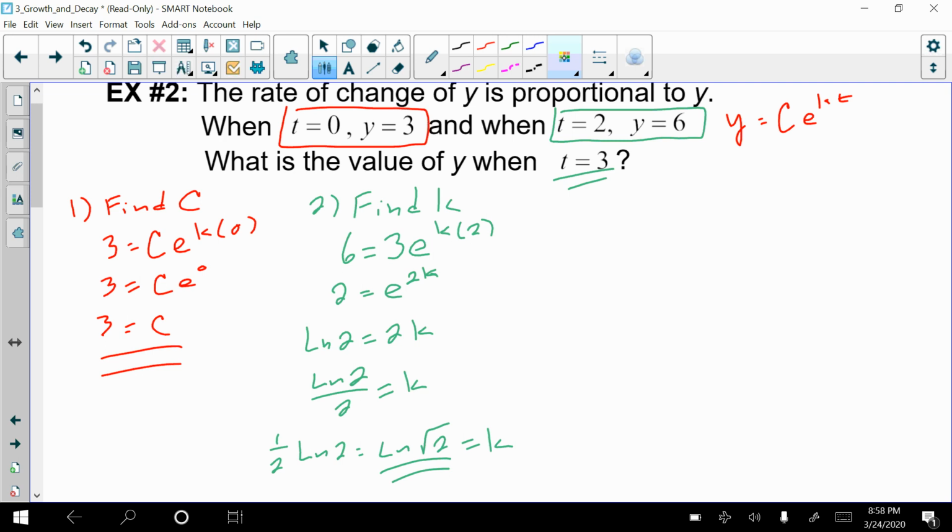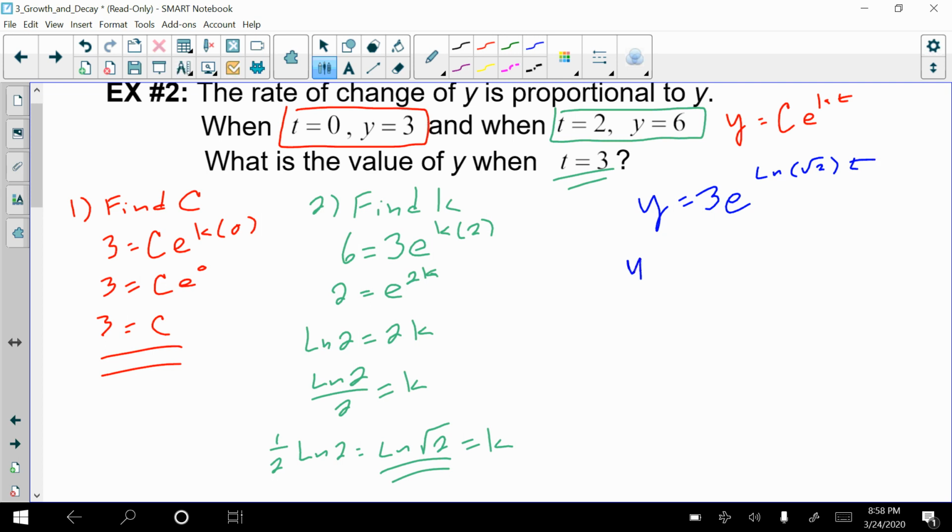And that will give us our equation to be y is equal to 3 times e to the k power, which in this case will be the natural log of the square root of 2 times time.